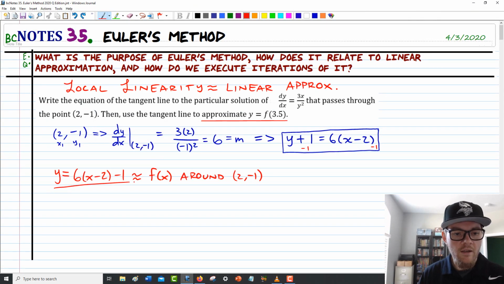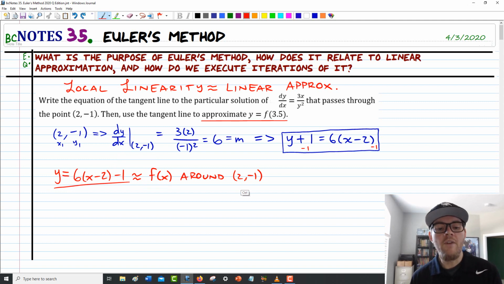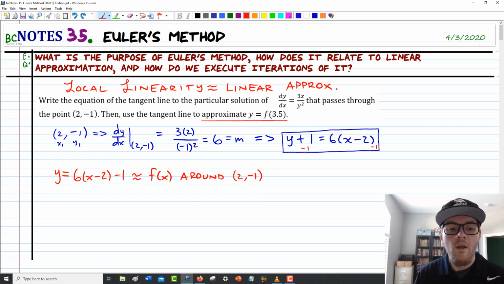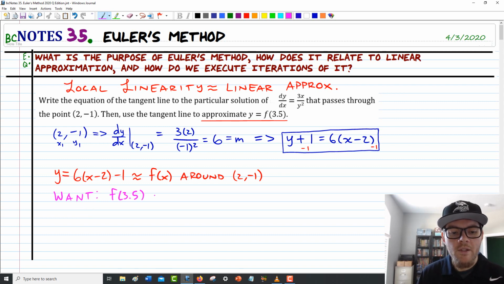So that's what we're saying here. We'll use the tangent line to approximate the function at some value that's near the point of tangency. For us in particular, we want f of 3.5. So that means we're just going to plug into the tangent line.